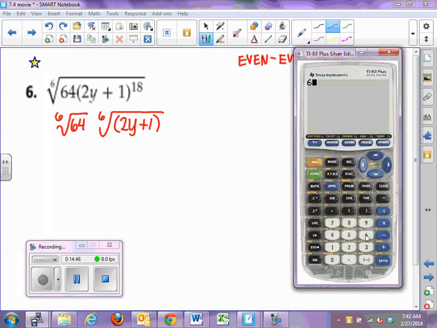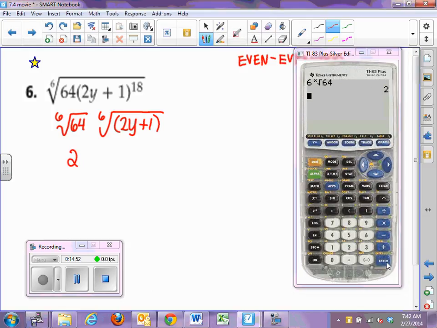So I hit 6, math, 5, 64, and I get 2. So this is just 2. What times itself 6 times will give me 2y plus 1 to the 18th? Well, I hope you realize it's 2y plus 1 to the 3rd. How did I do that? Sure enough, I used my shortcut, 18 divided by 6.